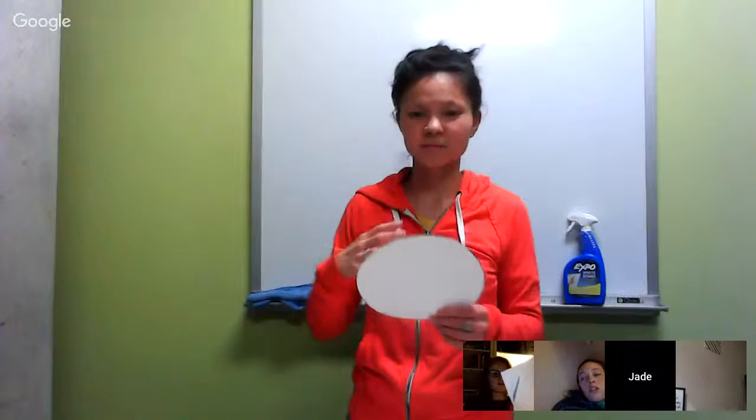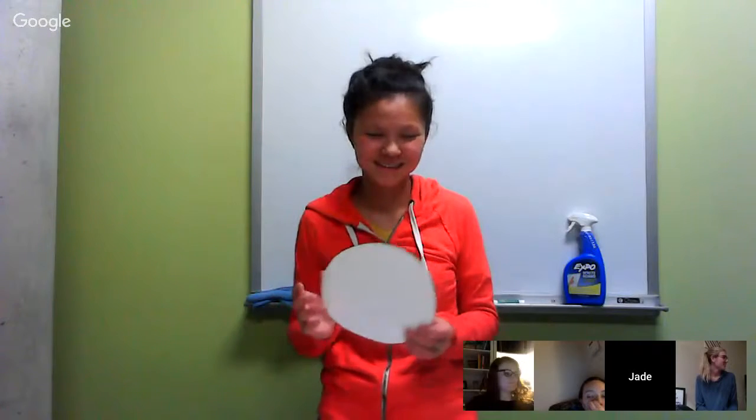Yes, just cut a normal circle. It doesn't matter what size, just cut out a circle. This is about to be the ugliest circle. It's more like an egg, but okay. It doesn't have to be perfect.